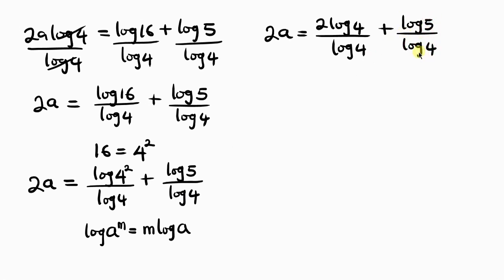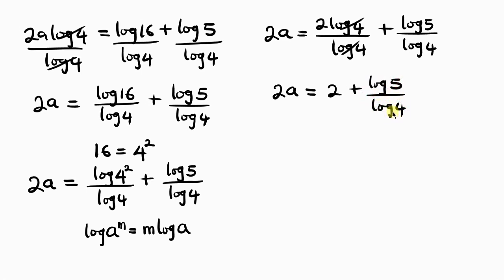Very good. Now notice that log 4 can cancel out log 4 so that we have 2 here. So this becomes 2a equal to 2 plus log 5 all over log 4.